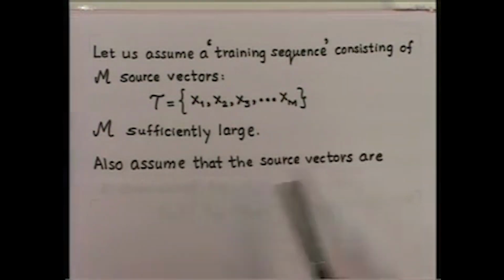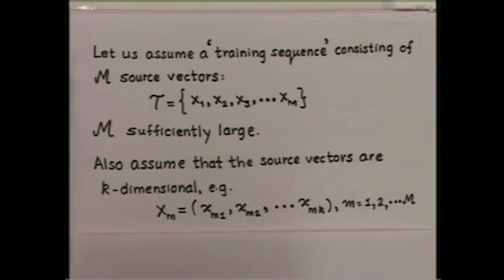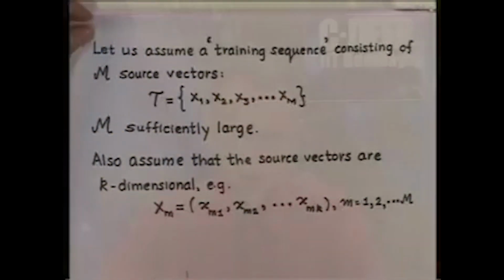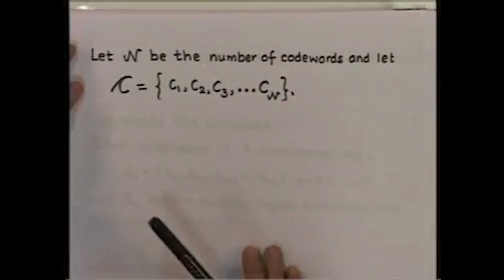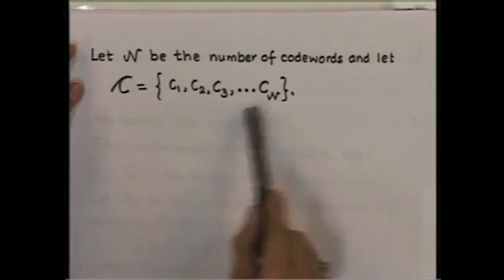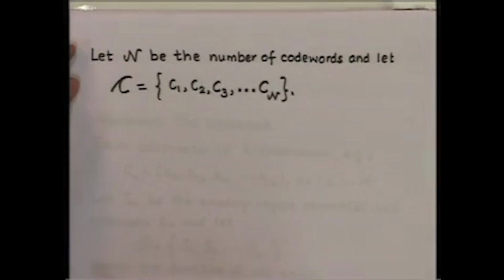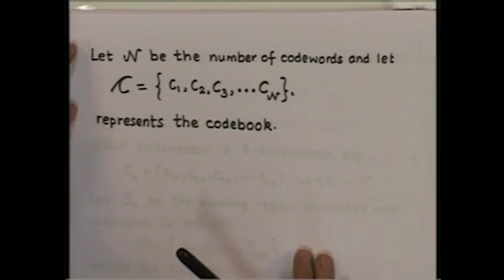Also assume that the source vectors are k dimensional. So, each of the source vectors is k dimensional. Let n be the number of code words and let C denote the set consisting of different code vectors or code words. So, C represents the codebook.